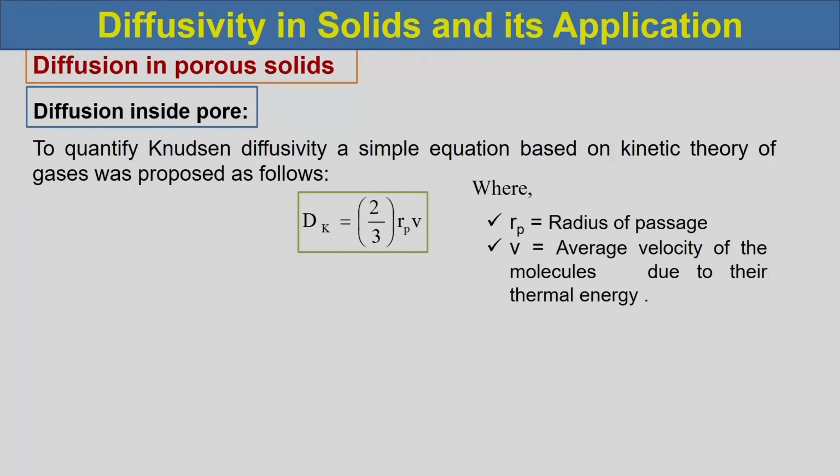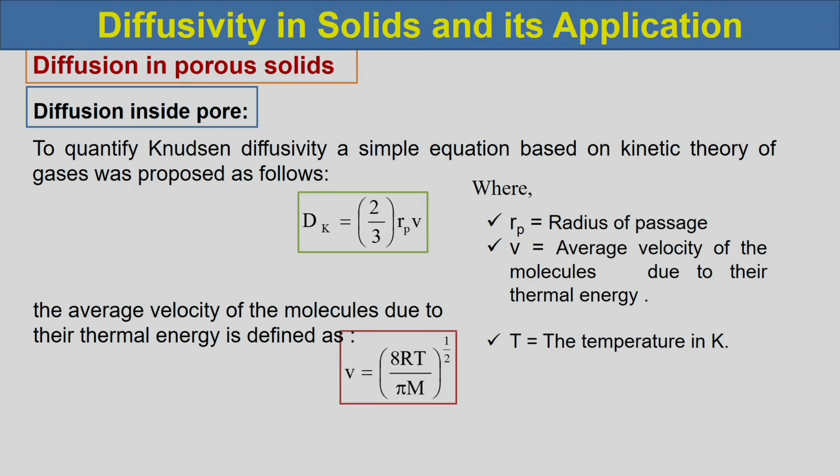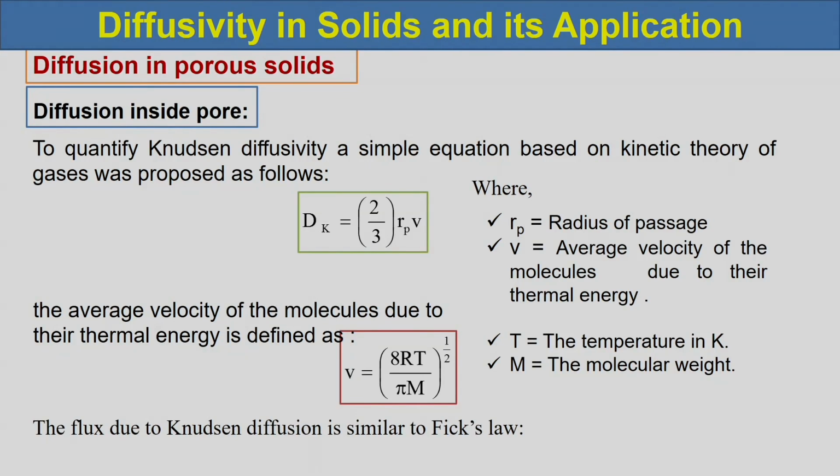Now, this average velocity due to their thermal energy can be calculated as follows. V is equal to (8RT/πm)^(1/2), where T is the temperature in Kelvin, m is the molecular weight and R is the universal gas constant.